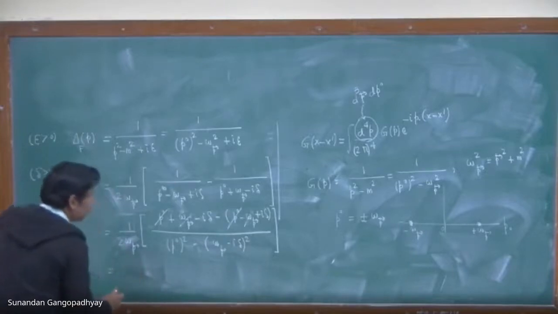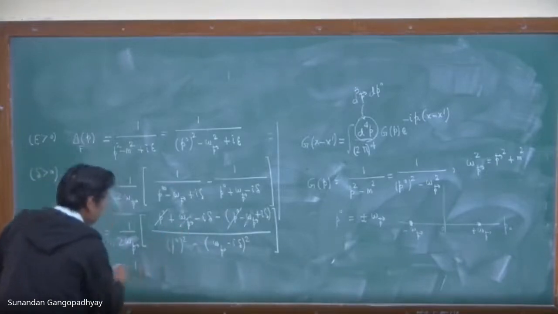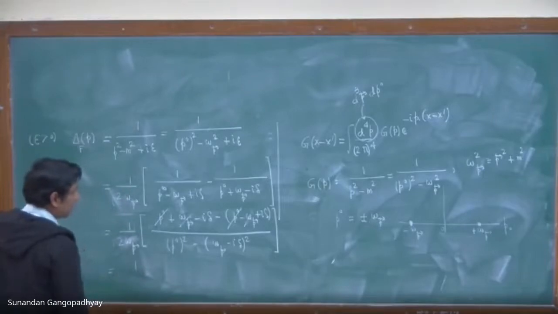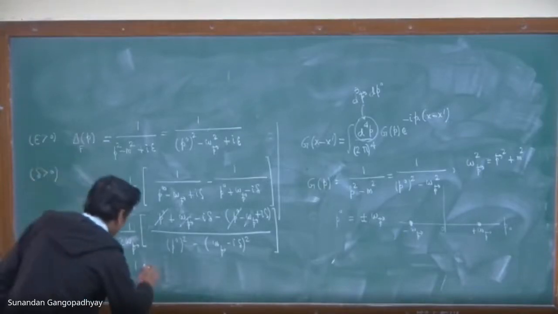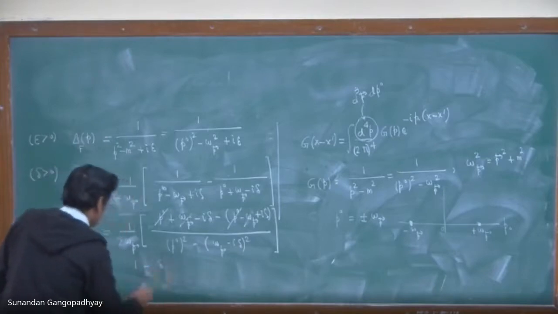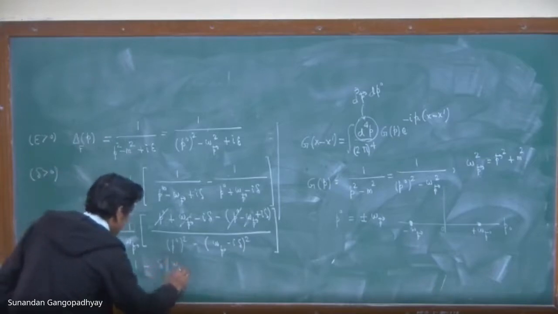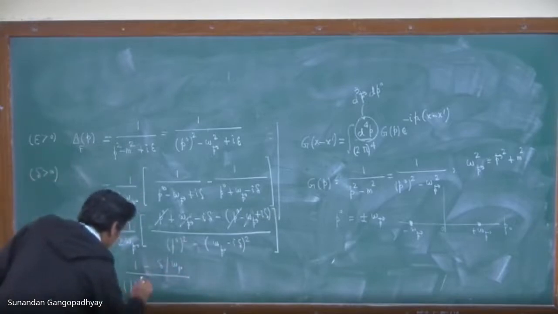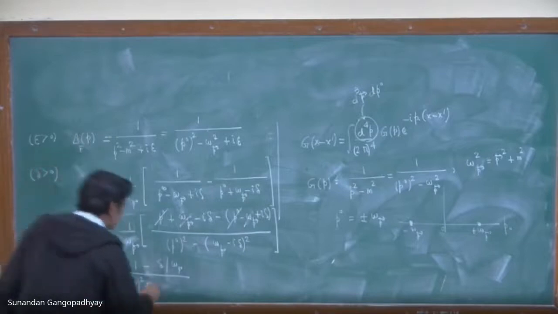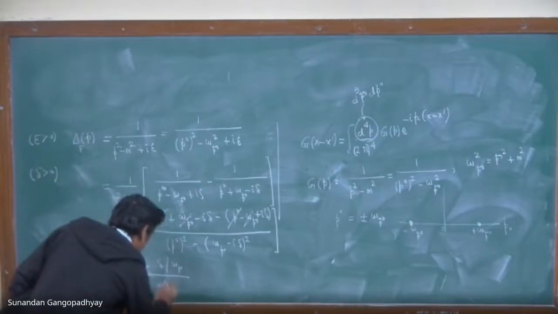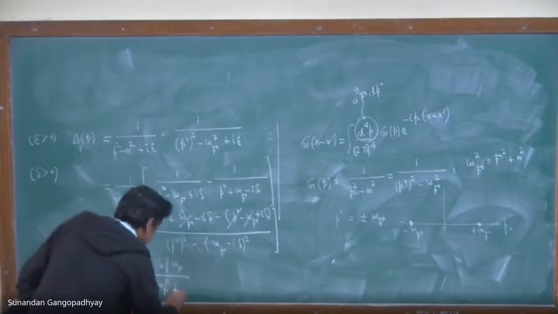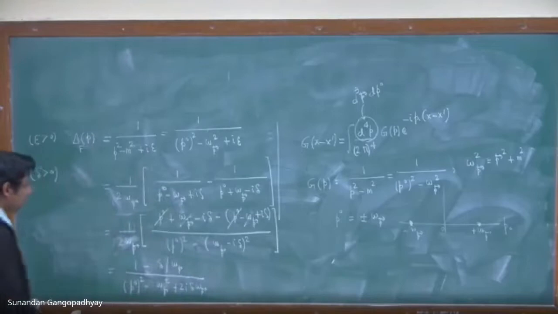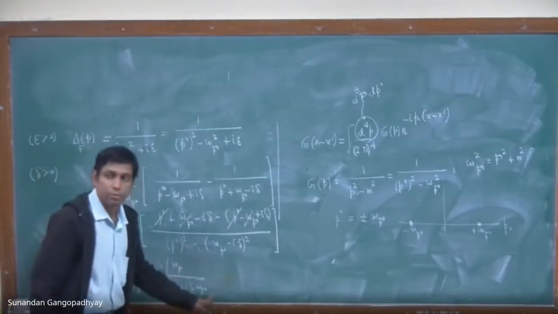So this is 1 by 2 omega p, that will give you a 1 upstairs, and the rest will be minus delta by omega p divided by p0 square minus omega p square minus plus 2i delta omega p. What we have done is neglected terms of order delta square in the denominator.